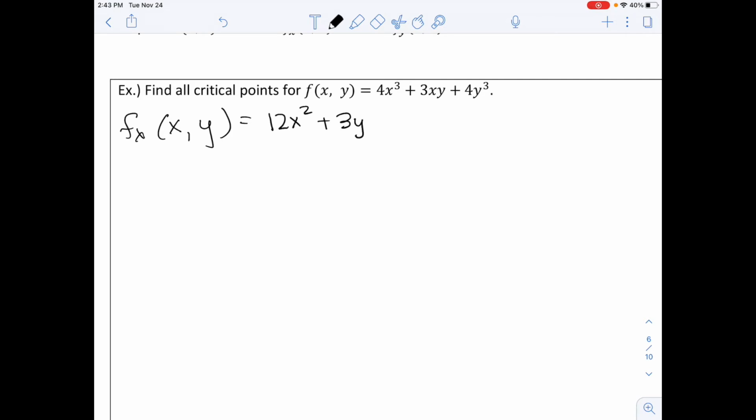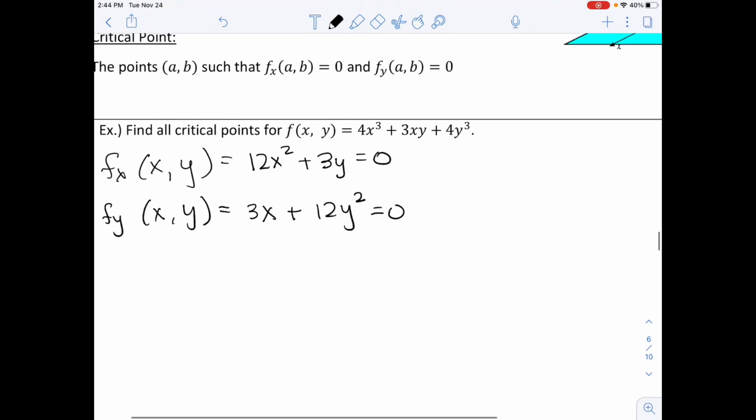And then the derivative of 4y to the third is just going to be 0 since there is no x variable in it. And then taking the partial with respect to y of our function, the first term, 4x cubed, has no y's in it, so that would be 0. And then the derivative of 3xy with respect to y is going to be just 3x, plus 12y squared. We are going to set both of these equal to 0.